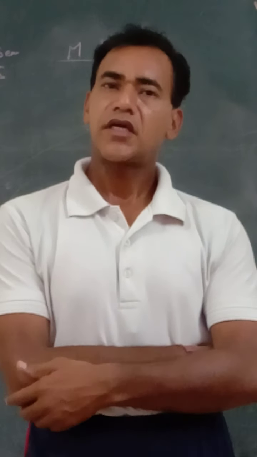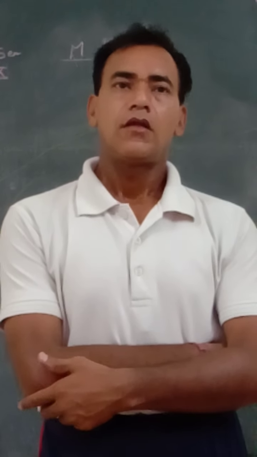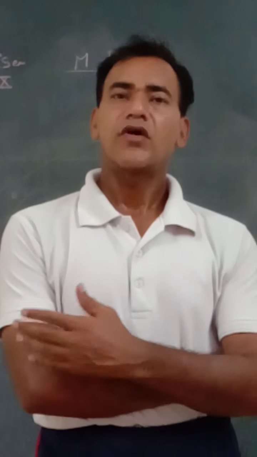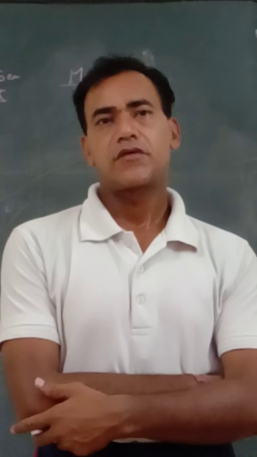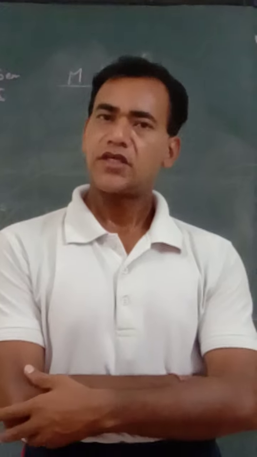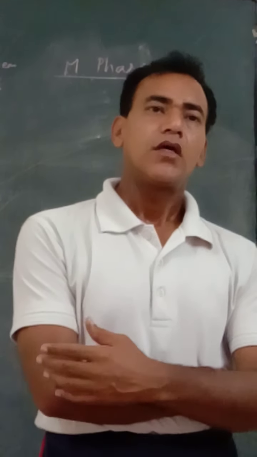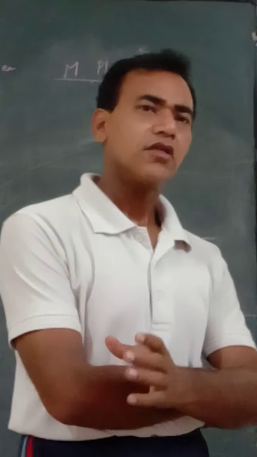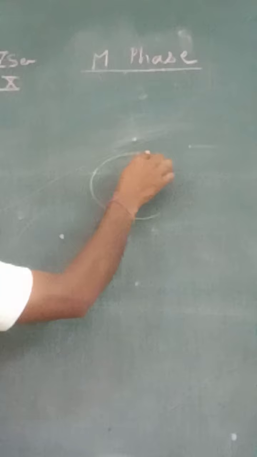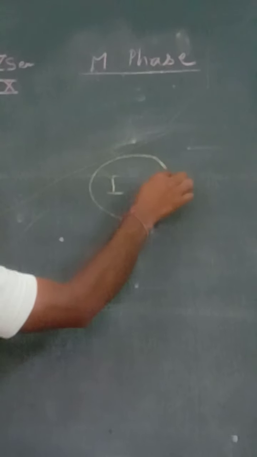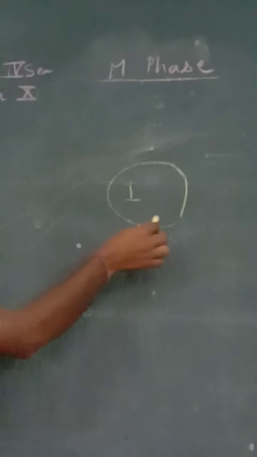Today, in this second part of the e-learning session, we will discuss our next phase, that is M phase. In the previous lecture, we discussed the cell cycle, and we discussed that in a cell cycle there are two phases. One is interphase and another one is M phase.